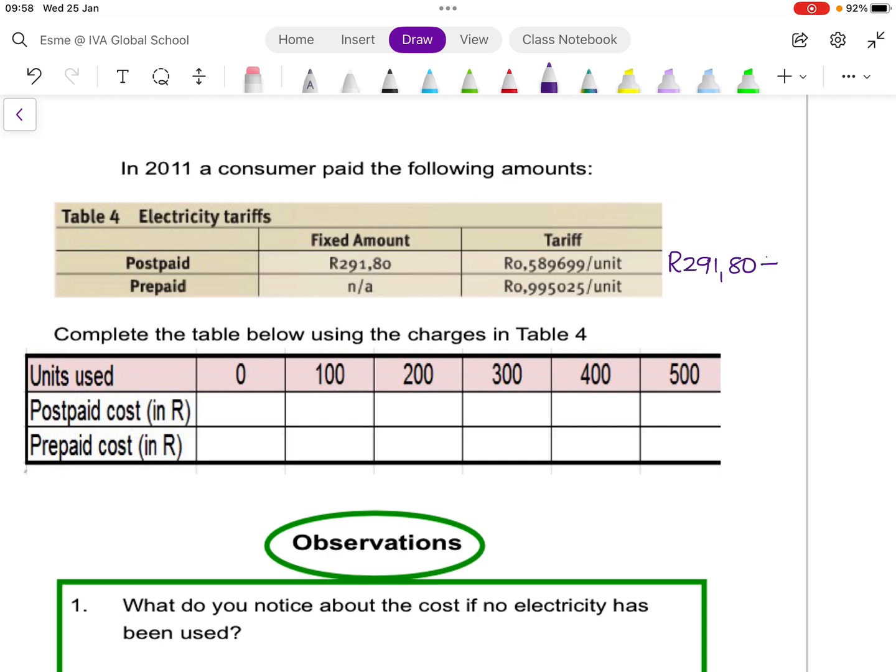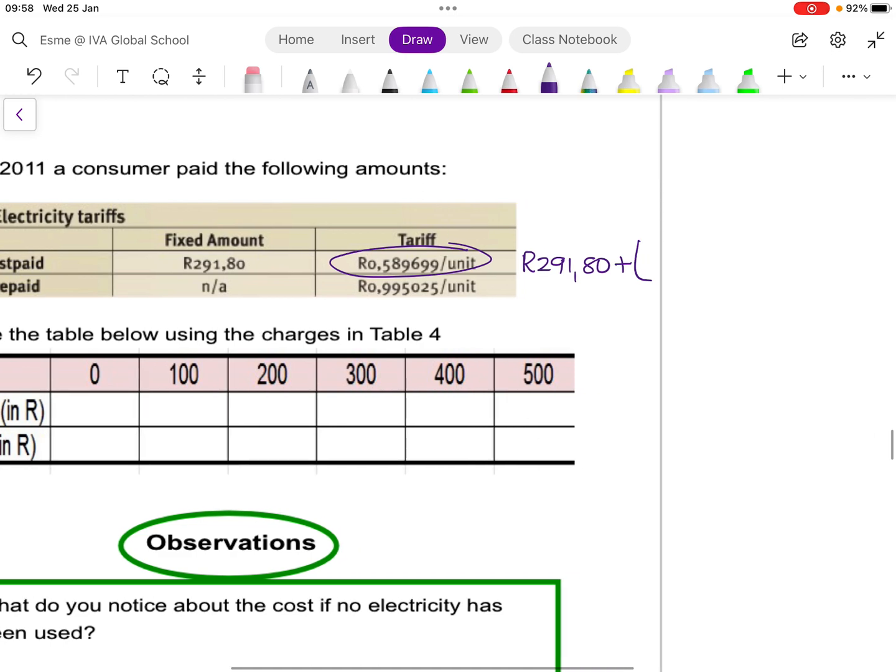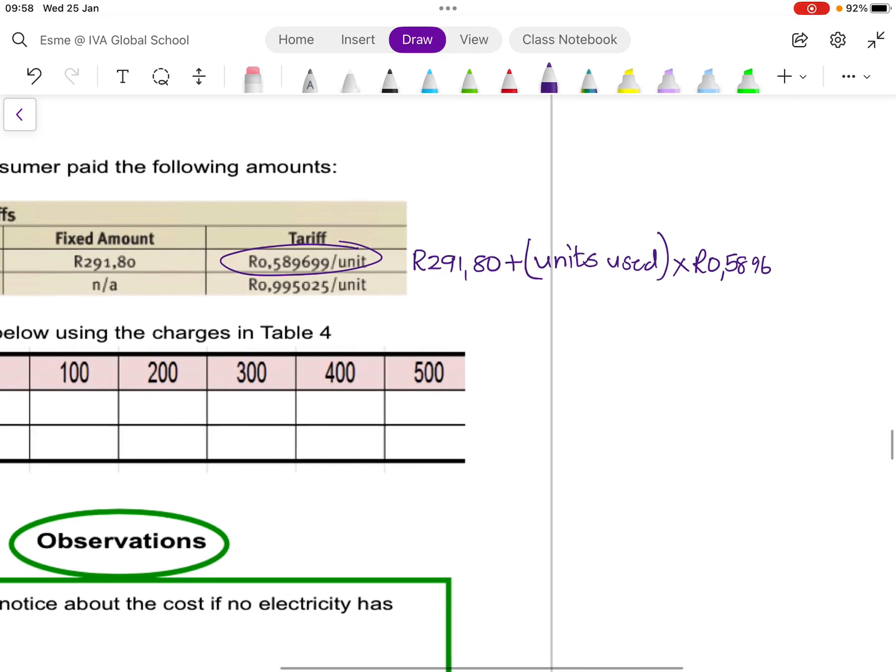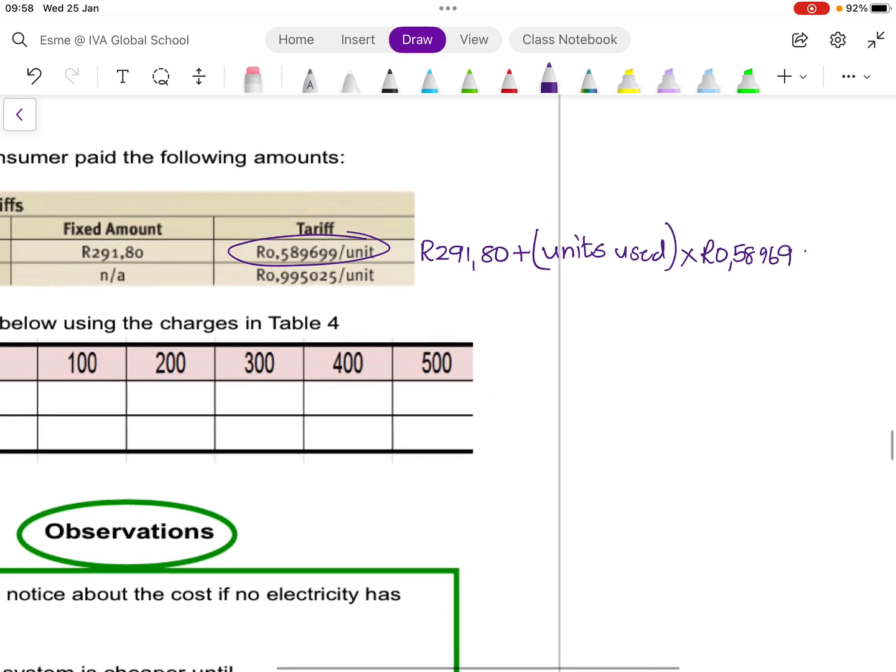Then I'm going to add, and this, we write that, so units used, and we are going to multiply it by 0.589699.